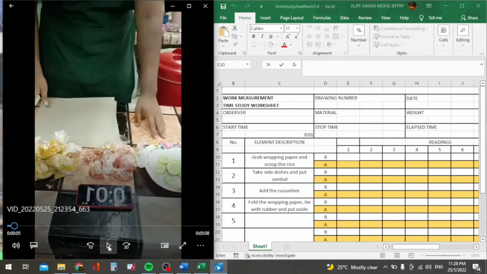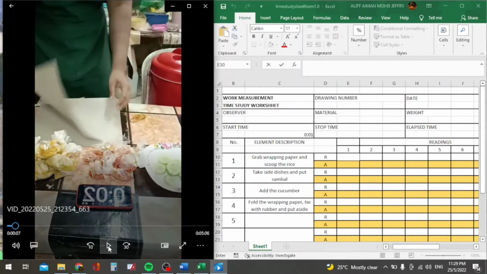The starting time is 0.01 second, which is when the person starts the video and touches the object. So as the person touches the object, that time is our first element.